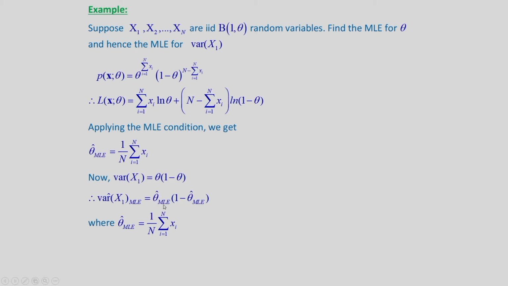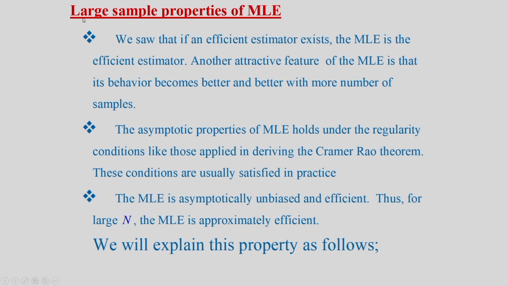So, theta hat MLE into 1 minus theta hat MLE, where theta hat MLE is given by the likelihood estimator of theta given by this expression. So, that way we have seen the application of the invariance property of maximum likelihood estimator, and this has many uses in signal processing. Now, we will discuss large sample properties of MLE.